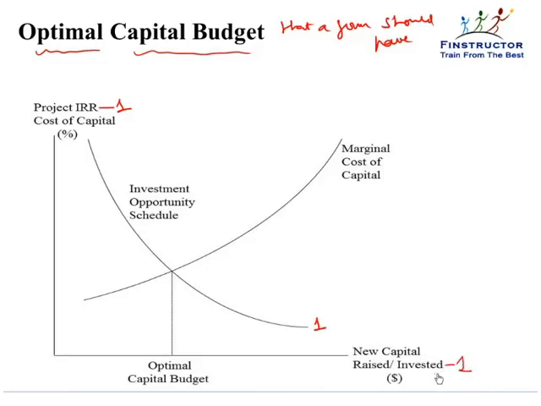So as we invest newer and newer capital into the business, what will happen to the project IRRs? Do you agree that the first shop that I open, or the first retail outlet that I start off with, will have a very high IRR, because it's what gave me the idea to start the business, because I saw a big arbitrage opportunity because there was no cleaning shop or stationery shop, whatever shop that I'm opening. So the first shop will have a high IRR because it's the opportunity that I'm grabbing on.